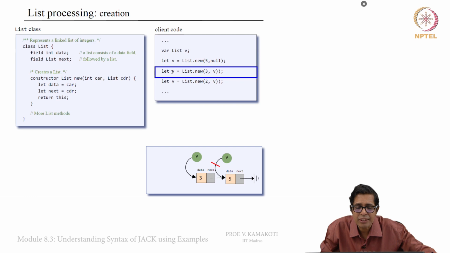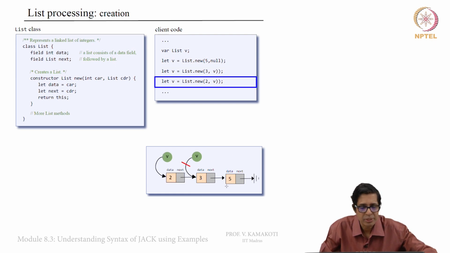Since I am making V equal to this new object, the old V will go, and the new V will point to this 3. So I have created this list now. This is how the list can be constructed.